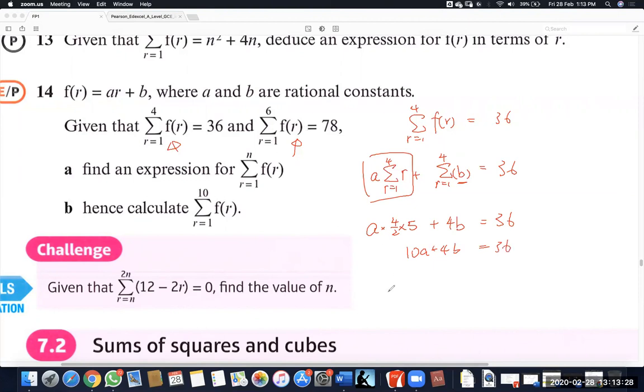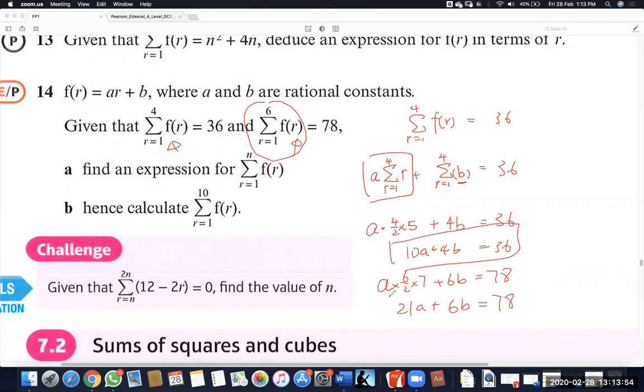And then have a look at the right hand side here, okay? You actually do something similar, but it just adds up from 1 to 6. So A times 6/2 times 6 plus 1 plus 6B equal to 78. So after you simplify it, you solve two simultaneous equations.